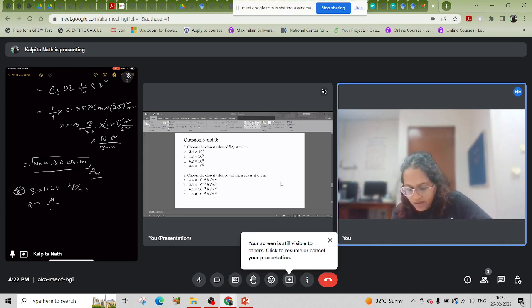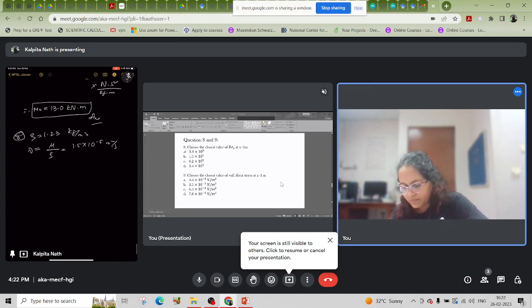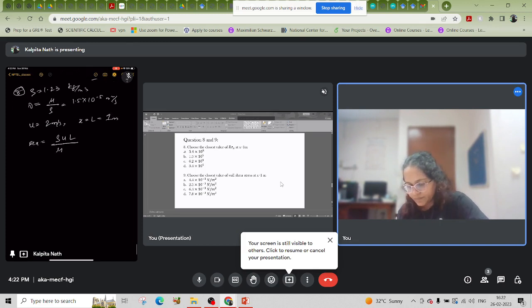Nu is given as mu by rho, 1.5 into 10 to the power minus 5 meter square per second. Velocity given 2 meter per second. X and L given as 1 meter. Reynolds number is rho u L by mu, equal to 2 into 1 upon 1.5 into 10 to the power minus 5, meter per second into meter upon meter square per second.